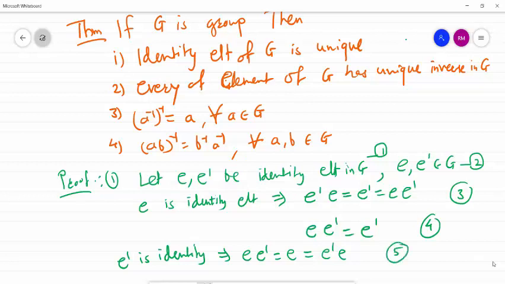So if you observe, we can focus on the first equality, E dash E equal to E. This is 6.